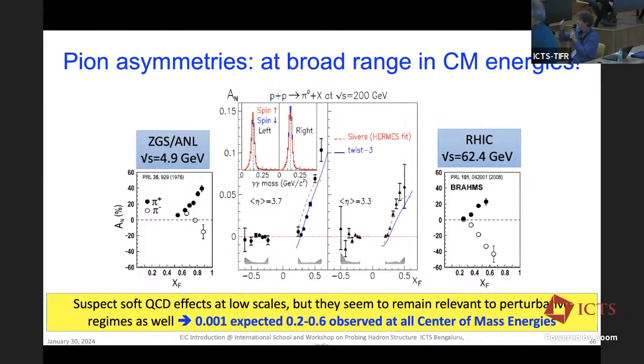Yes, pi plus is u d-bar, pi minus is u-bar d. Exactly. So if you have pi pluses systematically showing positive asymmetry and the pi minuses showing the other way, you know that d somehow is behaving very differently than u. Yes, in this picture. This means that the up quark has a transverse momentum distribution which is different from the down quark, for example, and from other flavors.